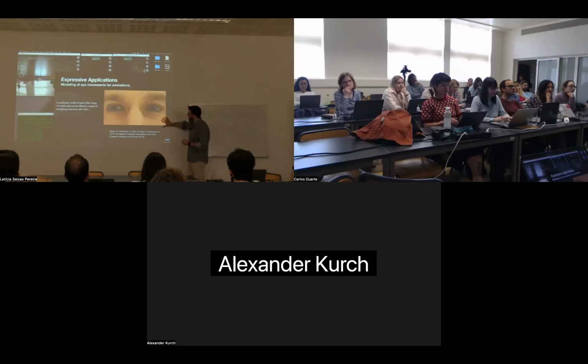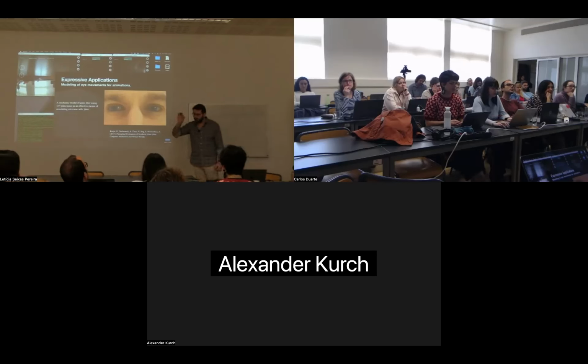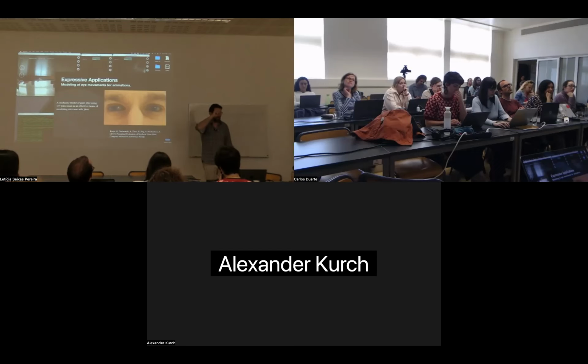One of the ideas how to change it was presented in this paper. We added to the animation of eye movements a small jitter. Like I told you, even if we fixate, we make very tiny microscopic eye movements, or we call them microsaccades. So the idea was to add to the animation of the eye a jitter signal.